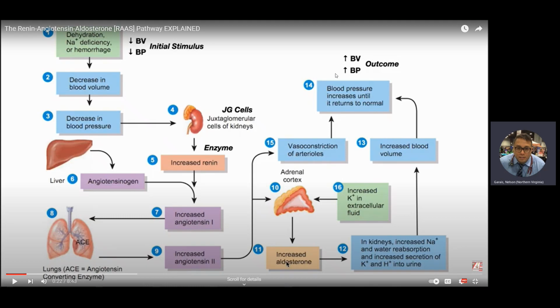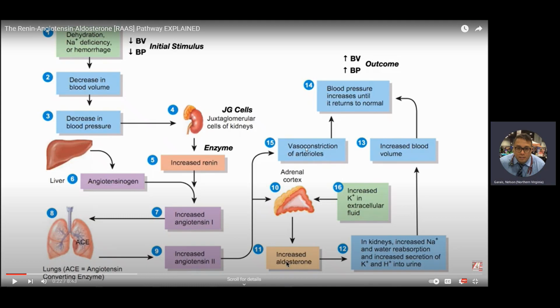So that will all do what? Increase my blood pressure. Now, what is the major problem in this country? Does everyone have hypotension? No. Everyone has what? Hypertension. So this thing, especially with a hypertensive, is active all day, every day. So what are the two things that we're going to do to mess with blood pressure?